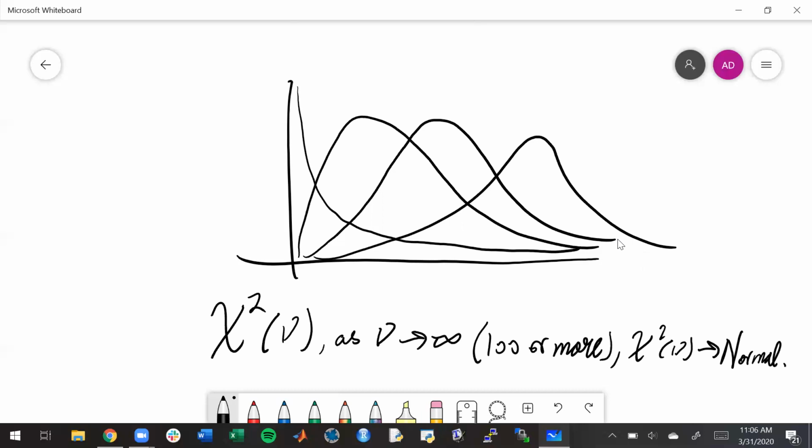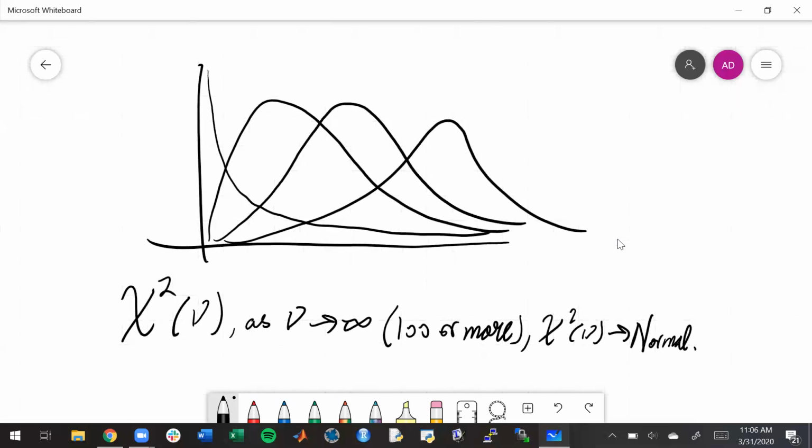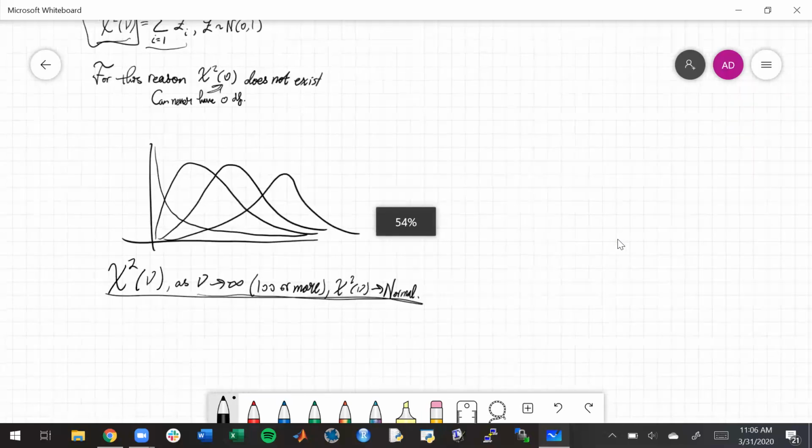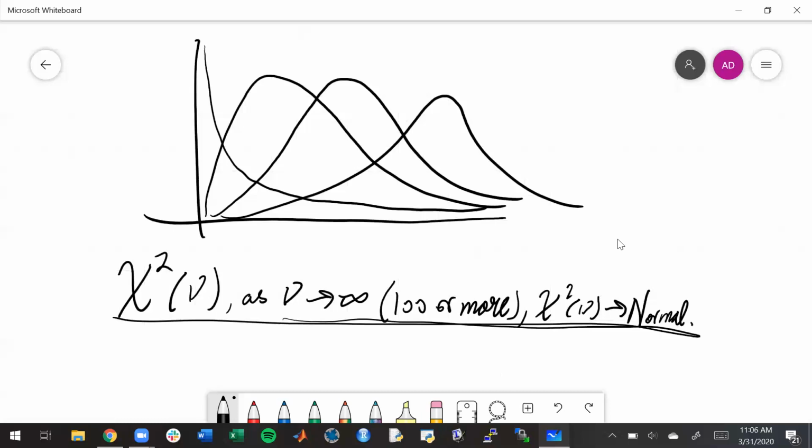Okay, and this is a result of various things going on in mathematics, but it's one important thing to note that if you have a really large degrees of freedom, then you can essentially compare this thing to a normal distribution.